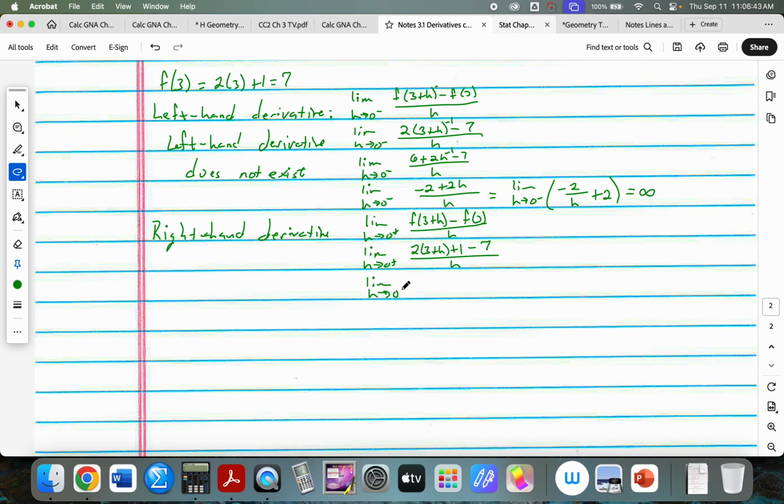So that's the limit as h goes to 0 from the right of 6 plus 2h plus 1 minus 7 all over h. And this one does what we're more used to, right? All the constants in the numerator drop out. We've got the limit as h goes to 0 from the right of 2h over h, which is our expected 2.